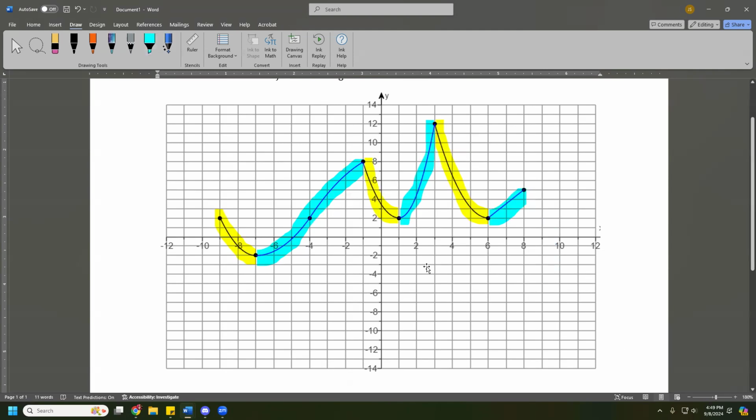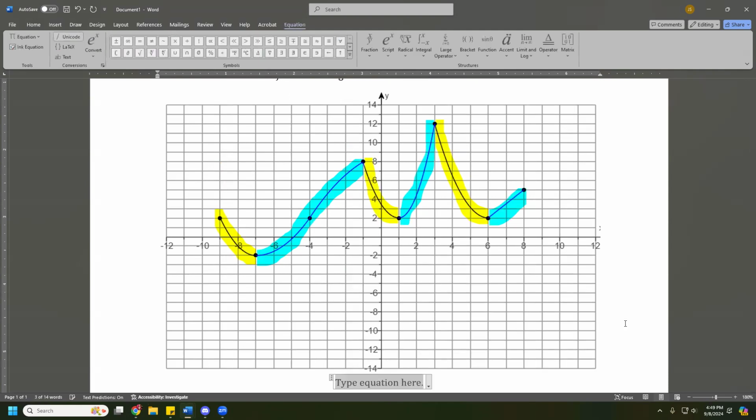It is important to note, though, at these points where it switches from decreasing to increasing, it is doing neither of those things. It is perfectly stationary, neither decreasing nor increasing. So when I list my answer to this, I'm going to list it with parentheses. I do not want to include this endpoint in increasing or decreasing.